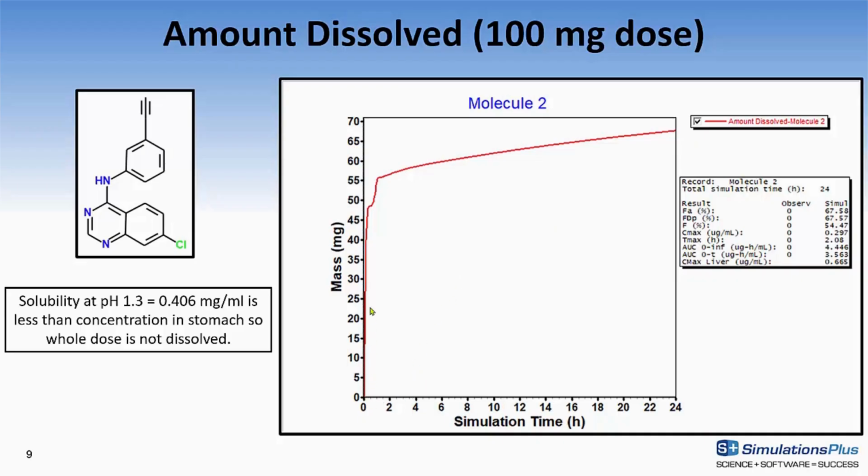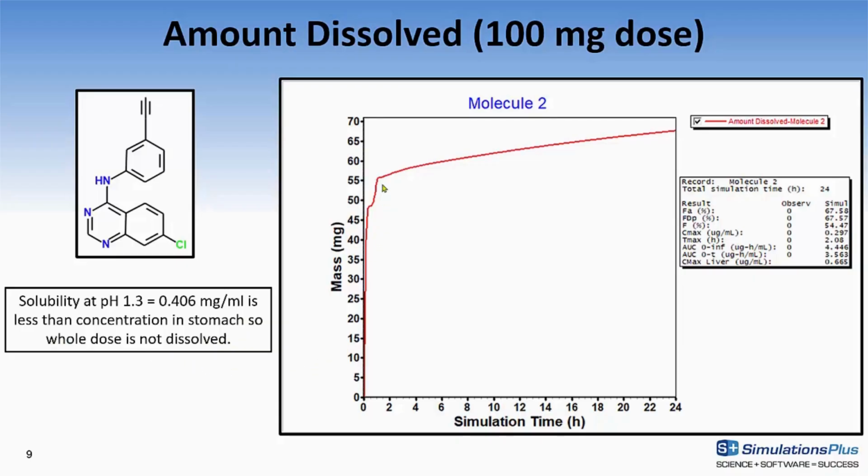When the compound gets into the stomach, it dissolves very quickly, but it doesn't fully dissolve because the solubility in the stomach at pH 1.3 is 0.46 milligrams per milliliter, and that's less than the concentration in the stomach. So the whole molecule is not dissolved.